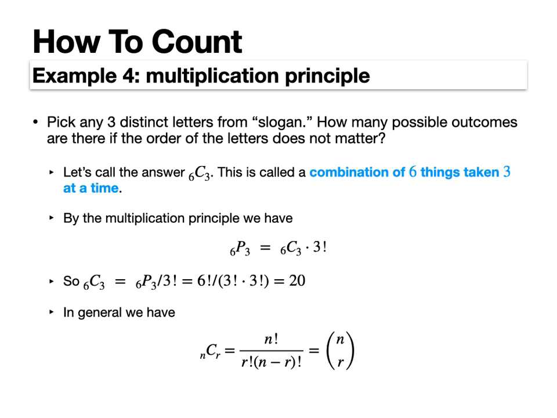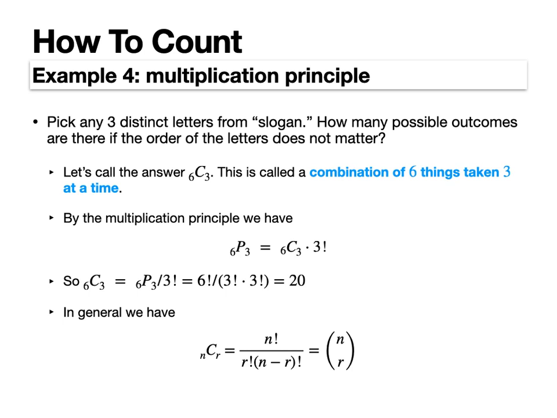In general, that same logic leads us to the formula we have here. n choose r is n factorial divided by r factorial times n minus r factorial. And we recognize that as the binomial coefficient n choose r, which you may recognize from Pascal's triangle or the binomial expansion theorem.